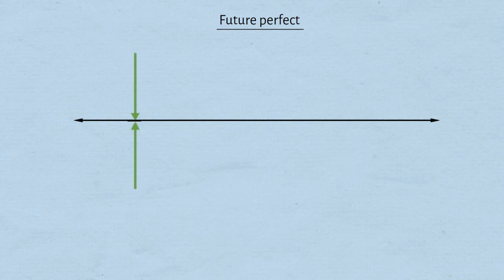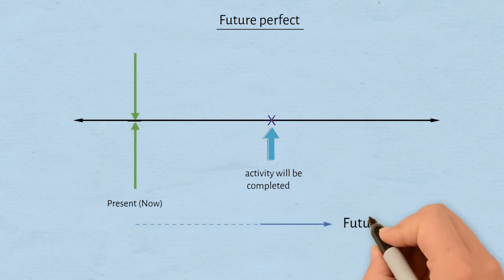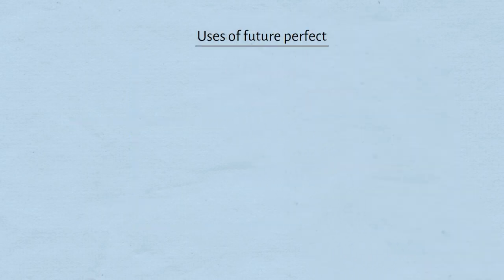Future perfect. We use this tense to talk about an activity that will be completed in the future at a certain time or before another activity actually starts. This is all in the future. So how do we use them?